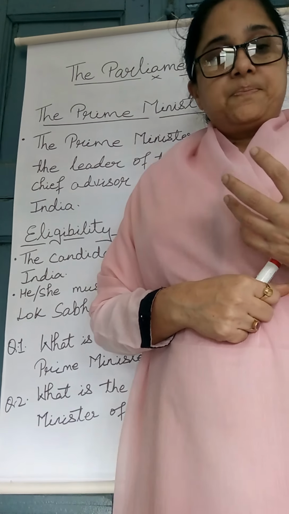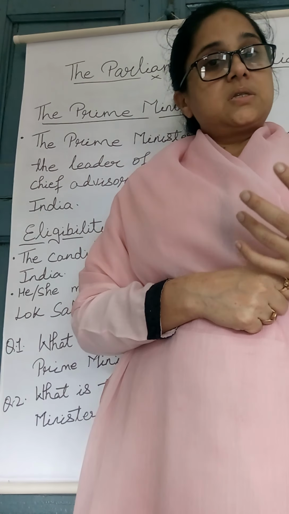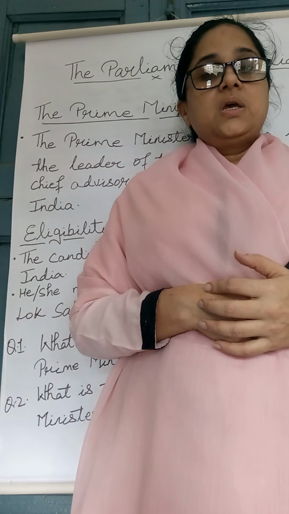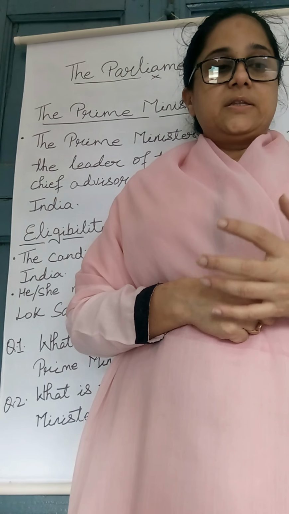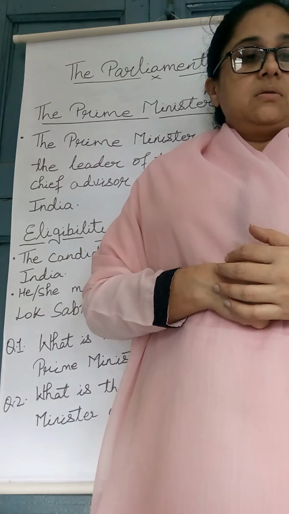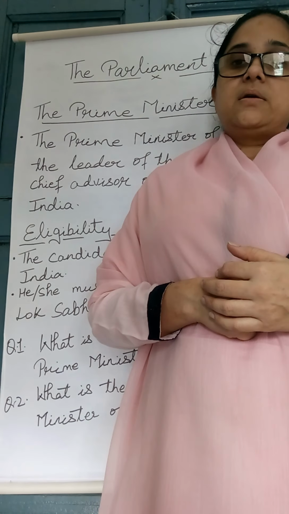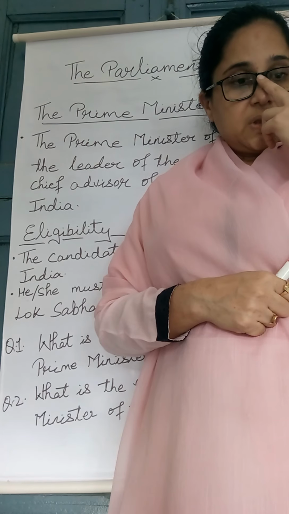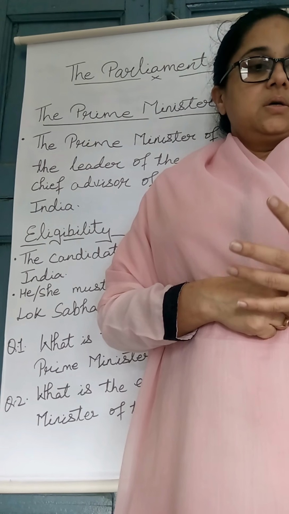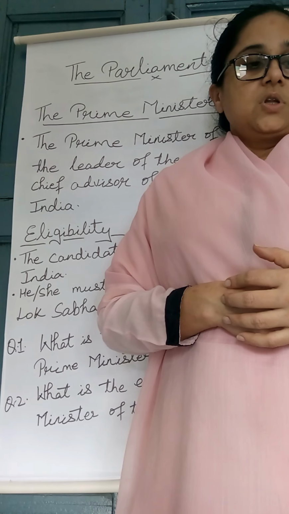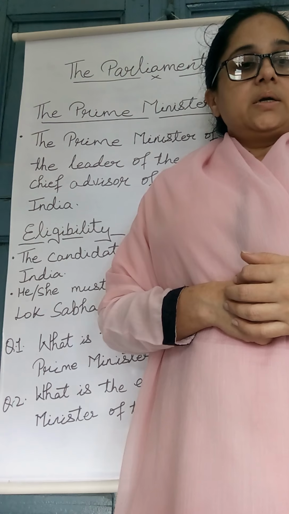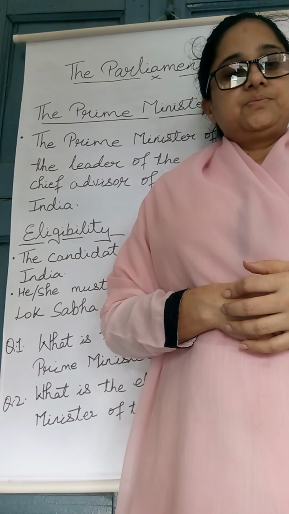Now, the Prime Minister is the real head of the executive. He is appointed by the President. He is the link between the cabinet and the President. He is the keystone of the cabinet arch because all ministers work under his leadership.